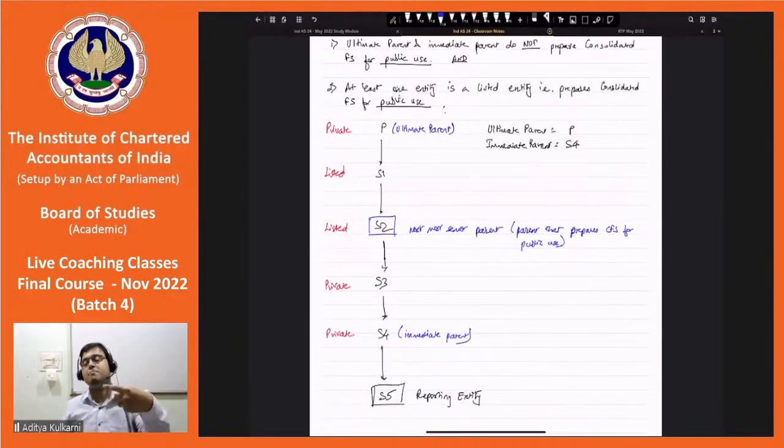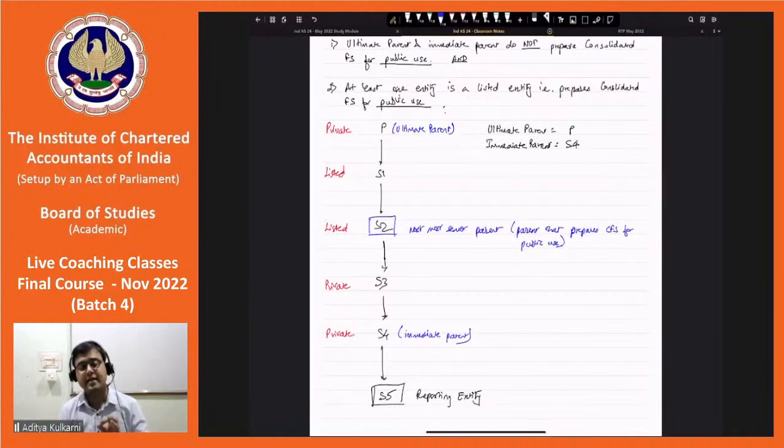The entity that prepares listed financial statements, which is S2. And therefore, S2 will be stated as the next most senior parent. Whereas if S3 were to be listed, then the next most senior parent would go to S3.